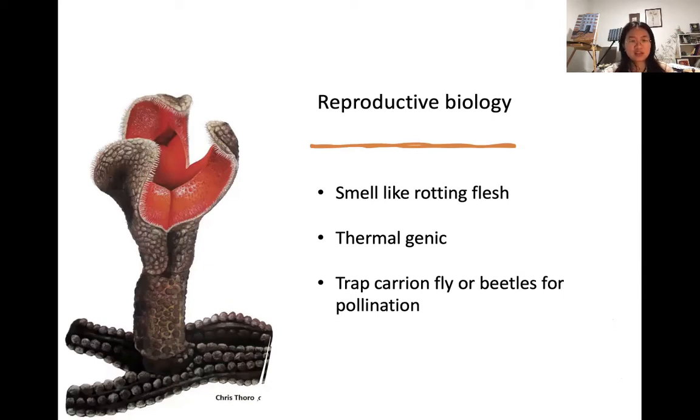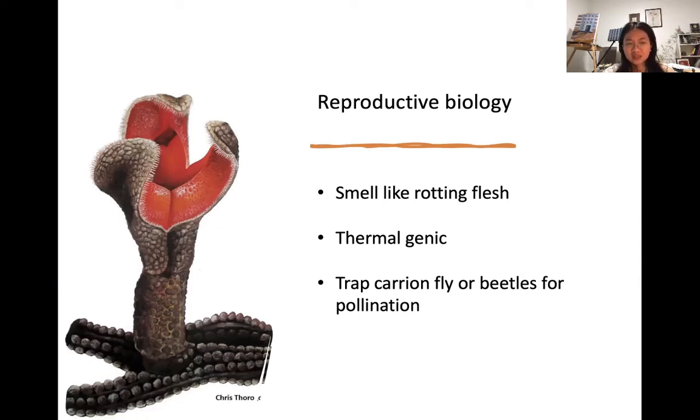So first of all, the reproductive strategy Hydnora has taken is also very unusual. Unlike other plants that like to produce beautiful flowers to attract bees or butterflies, it produces a weird looking flower that smells like rotten flesh.